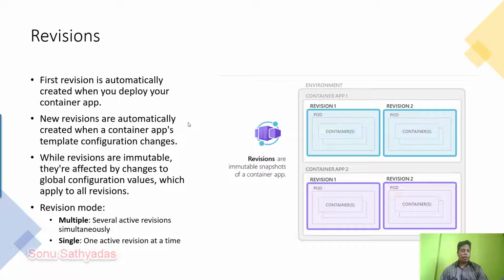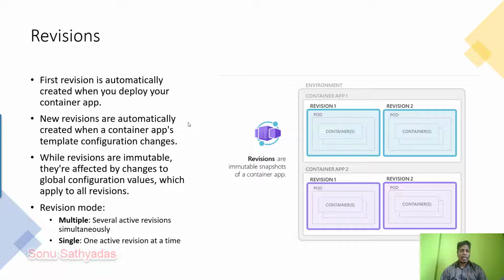So the revision mode can be multiple or single. That means if you want to run only one revision at a time, suppose I have deployed my application's version 1.0 and I want only version 1.0 to run at a time, then I can set the revision mode as single. But if I'm deploying two different versions of this application, suppose version 1.0 and version 1.5, but I want version 1.0 to get 25% of the traffic, and the remaining 75% of the traffic should go to version 1.5.